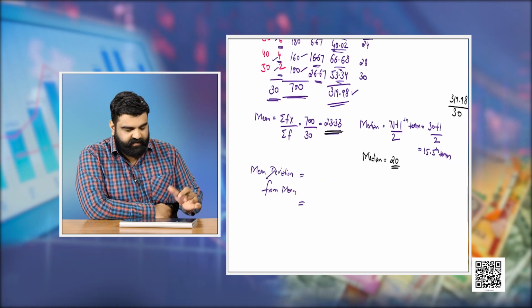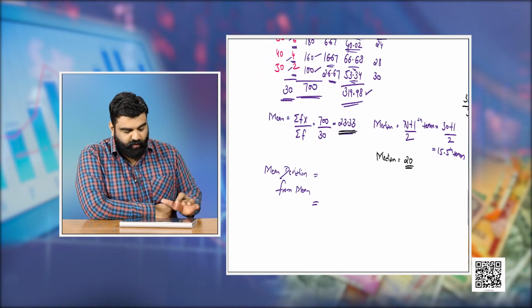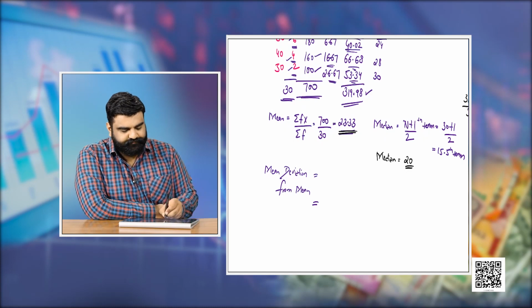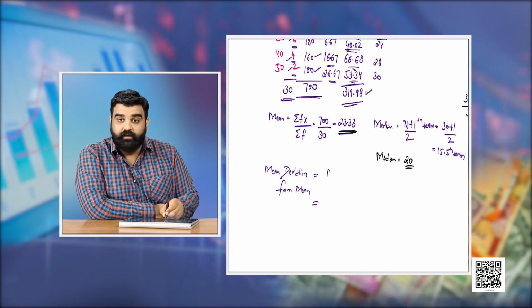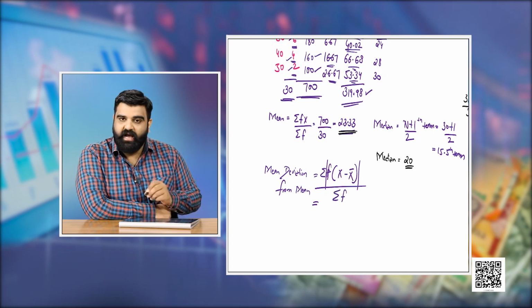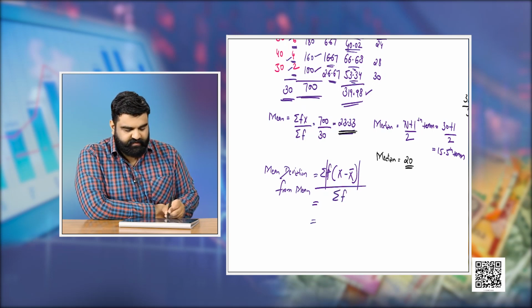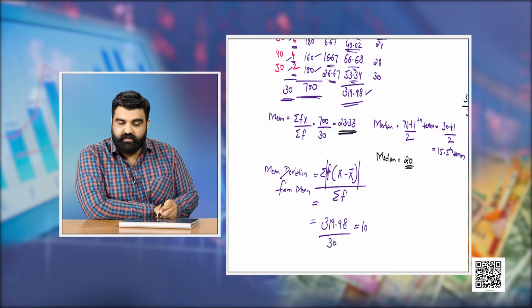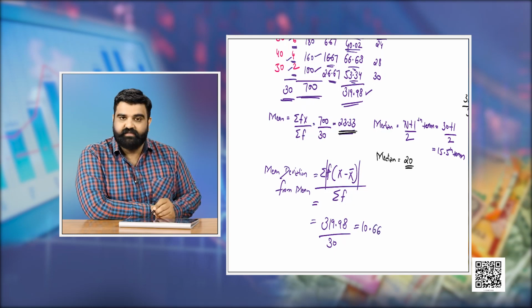So, let us move ahead and calculate the mean deviation from mean. So, we have the sigma f multiplied by the deviations from mean, divided by the sigma f. So, the answer to this will be 319.98 divided by 30. This would give me an answer of 10.66.